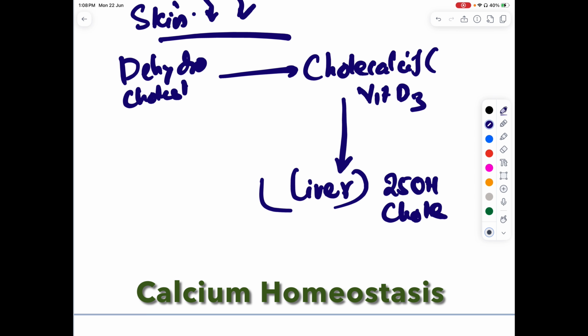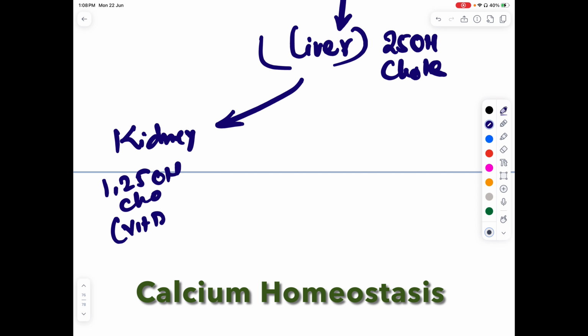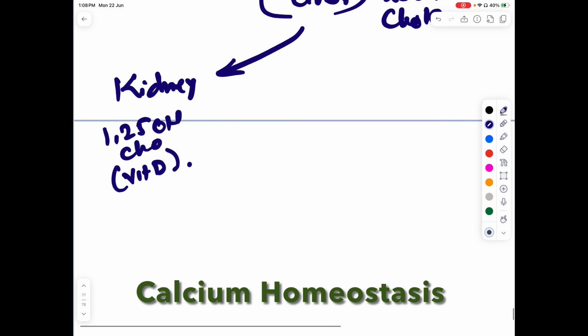Then this goes into the kidney, where alpha hydroxylase converts it into 1,25 dihydroxy cholecalciferol, the active vitamin D. This is called calcitriol.